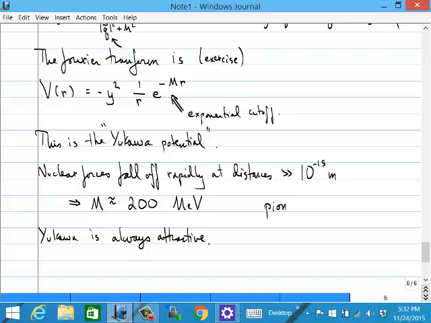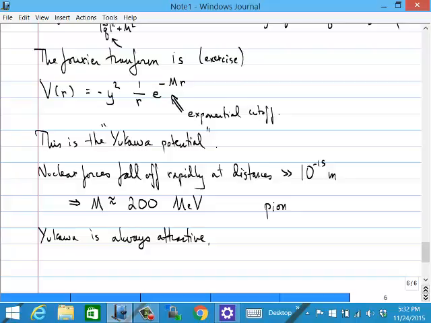You could also do the analogous computation for an electron and a positron. And if you were studying Coulomb interactions, you would find that electron-electron is repulsive, and electron-positron is attractive. However, in the scalar theory, in this Yukawa theory, interactions are always attractive.